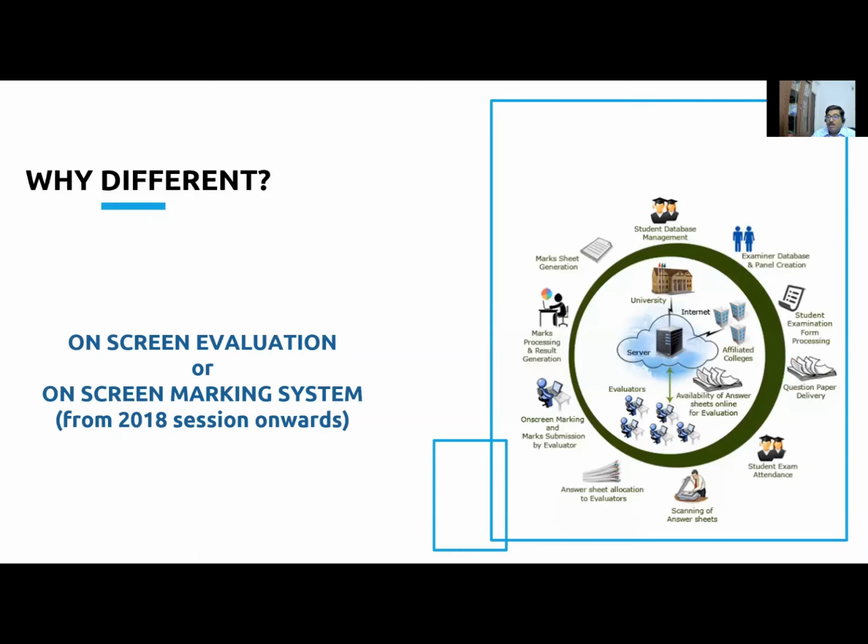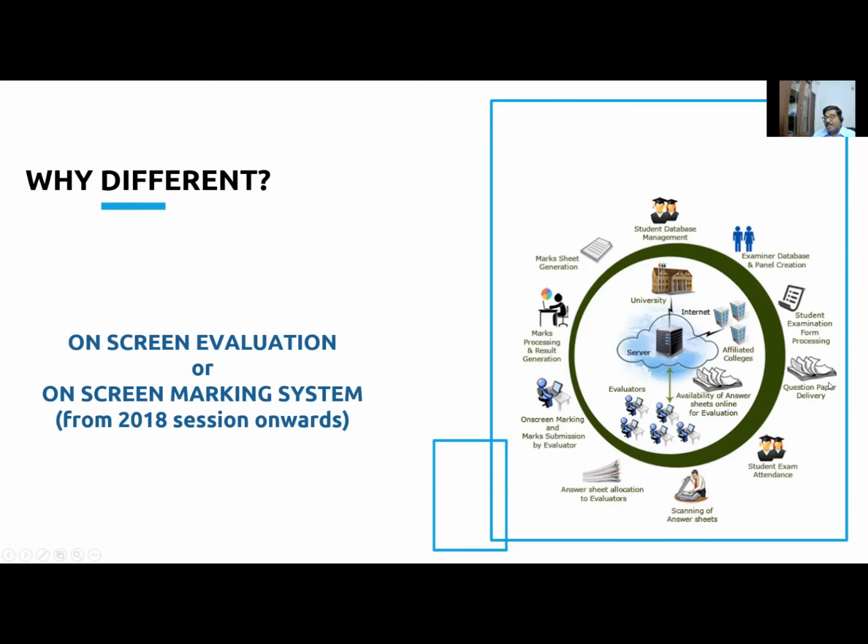On-screen evaluation, a trend followed by the university from the 2018 session onwards, is different from your traditional pen and paper exams. The examiner database and student database are created, and the student examination form is done on the system.